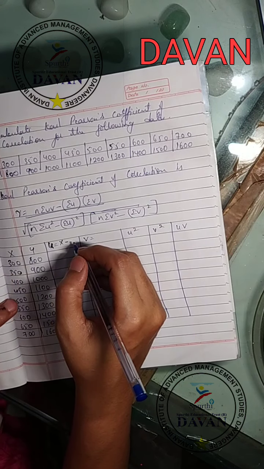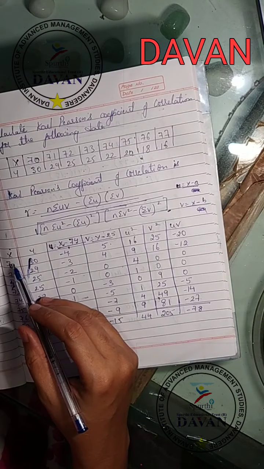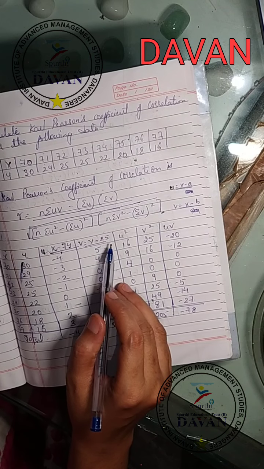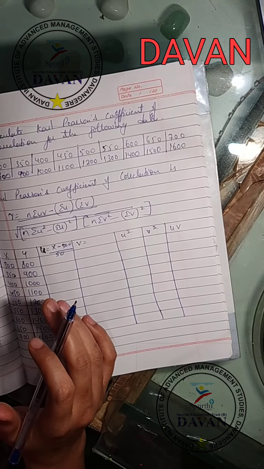Now you can ask me, why didn't we use the same concept for the previous problem? We didn't divide anything here for u and v. The reason is you have the difference of 1 here, constant, but here the difference is not the same, it is varying. So you are not dividing that by any value. I hope I am clear here. That is the difference you have from one problem to the other problem.